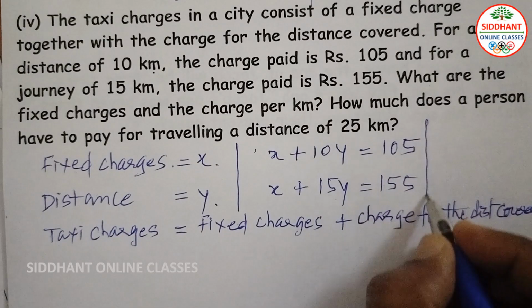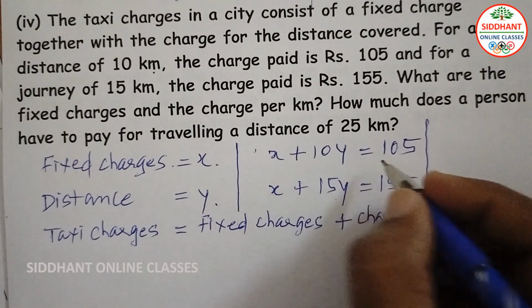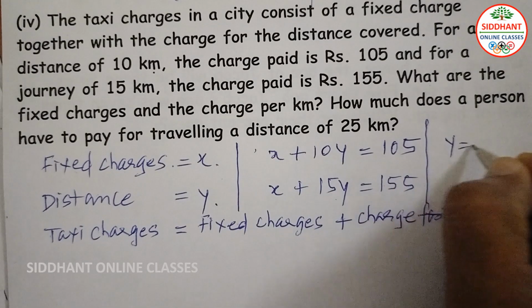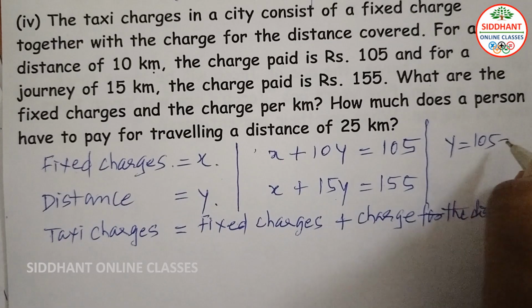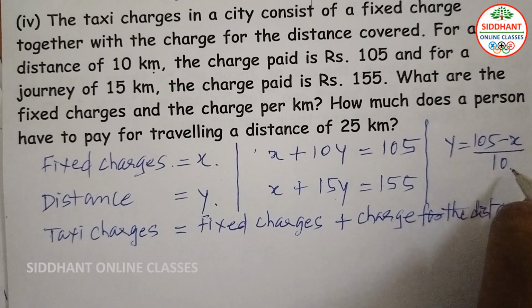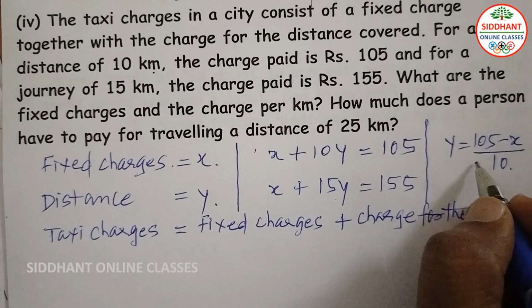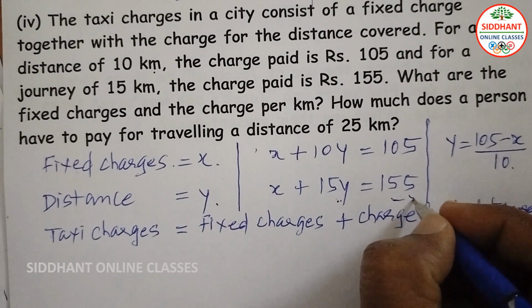So from these equations we are going to find out the y value. So y value will become 105 minus x by 10 here. This y value we are going to substitute in equation 2.